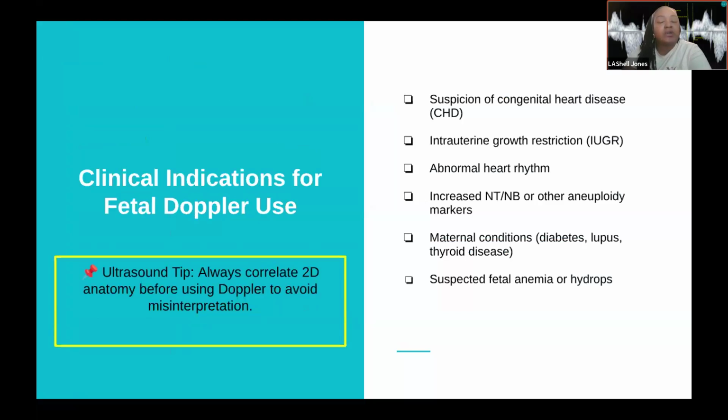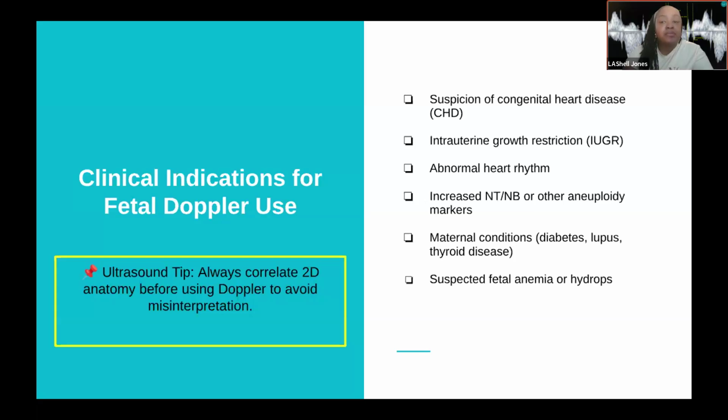Now, before we break down each one, what are some clinical indications for fetal Doppler use? Why will we need to apply it? Of course, first and foremost, if you detect that there is some type of congenital heart defect, you want to use Doppler. In cases of intrauterine growth restriction, it's especially important as well.